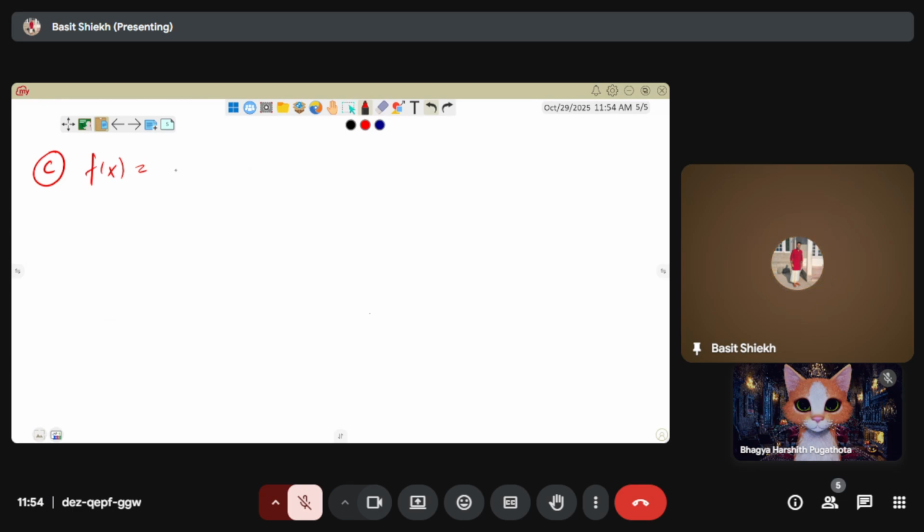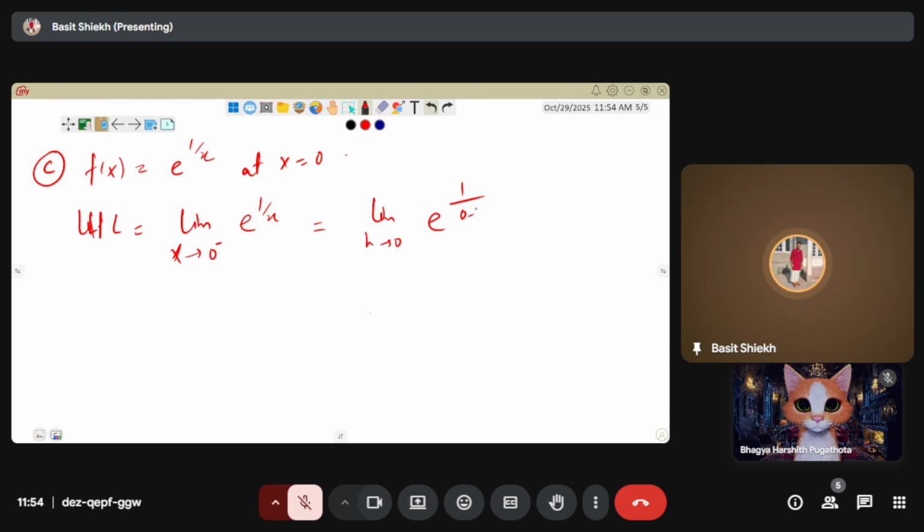F of x equals e to the power 1 upon x at x equal to 0. Now LHL is limit x going to 0 minus e to the power 1 by x, which is equal to limit h goes to 0 of e to the power 1 divided by 0 minus h, which is limit h going to 0 of e to the power 1 divided by minus h.